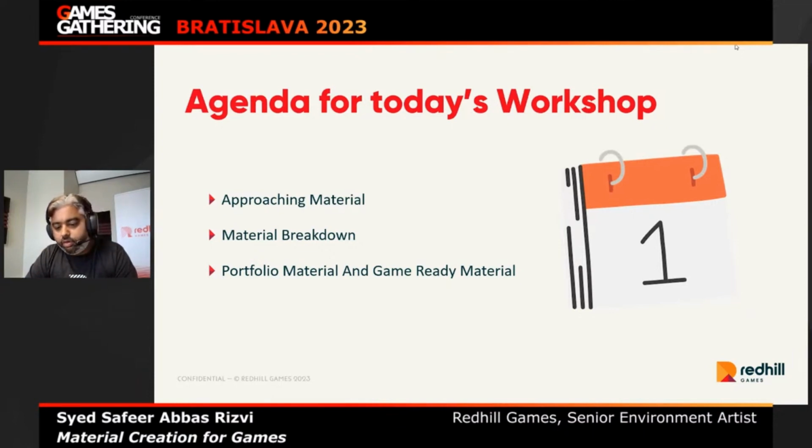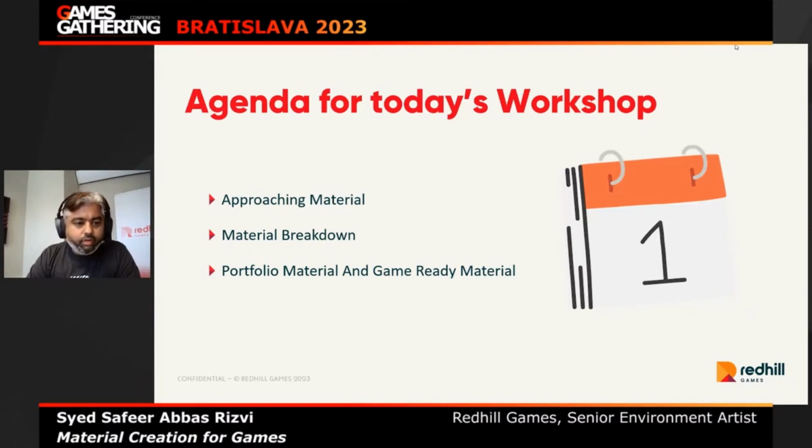At the end of the session, we will go through portfolio material and game ready material, and the difference between them. There is a bit of a difference in what you need to keep in mind for each, so we will cover that as well.